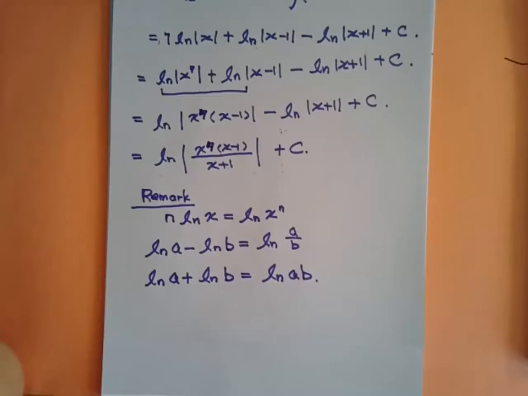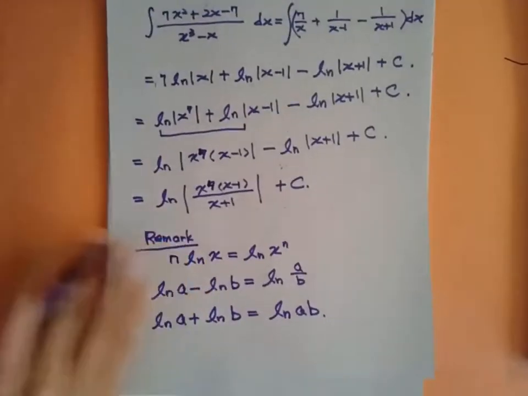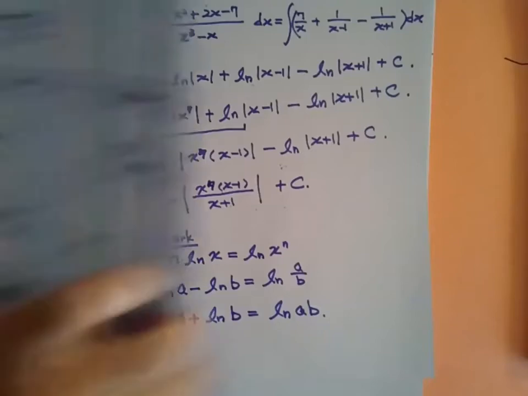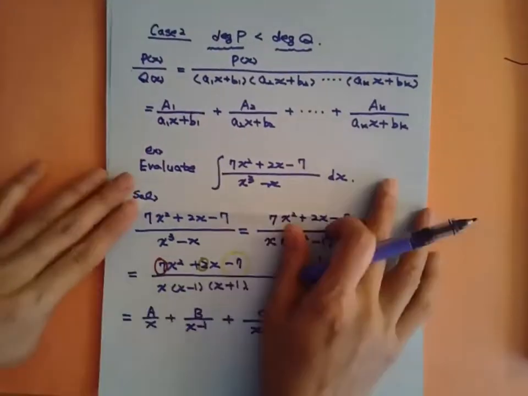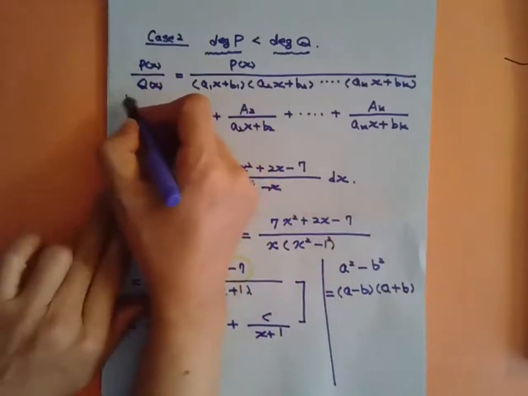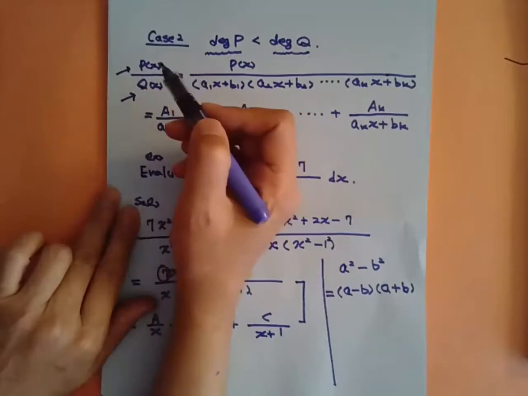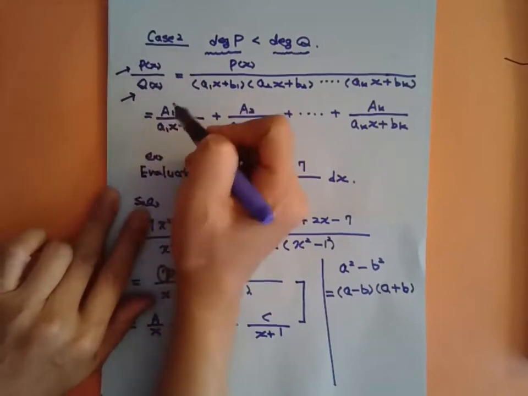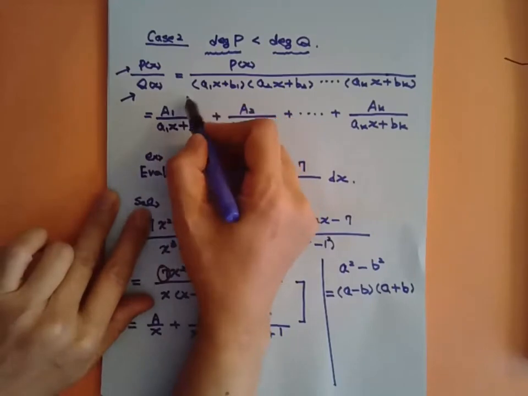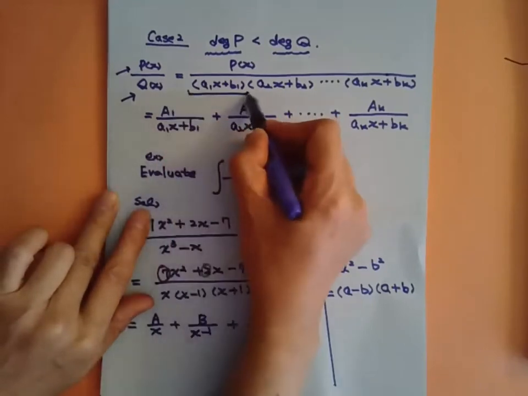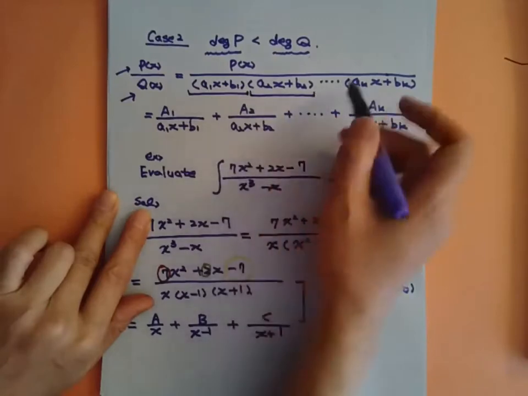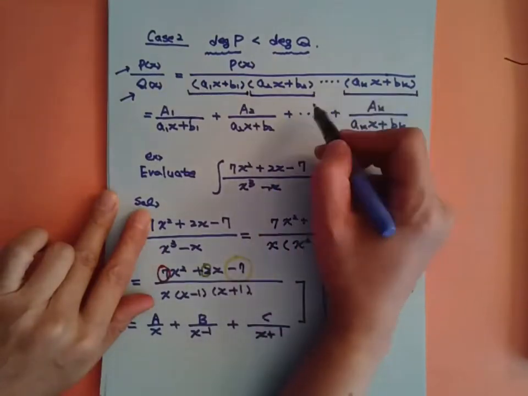Any question about this? As I said, in this case, what happened was the denominator's degree is larger than numerator's degree. So we don't go through the long division. And another characteristic of this fraction is that the denominator factored into k different linear factors.